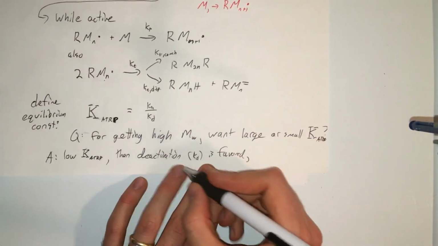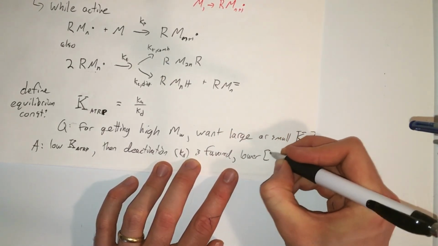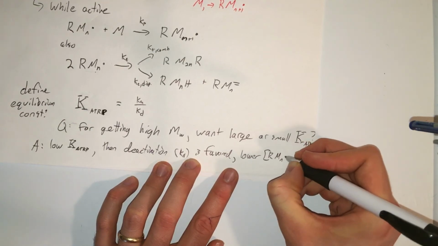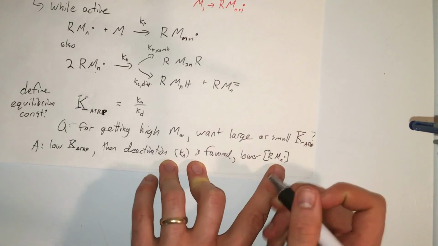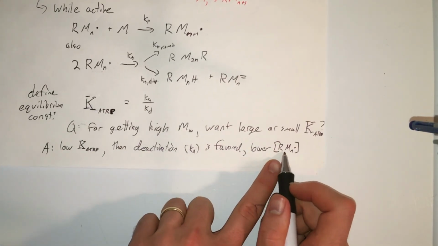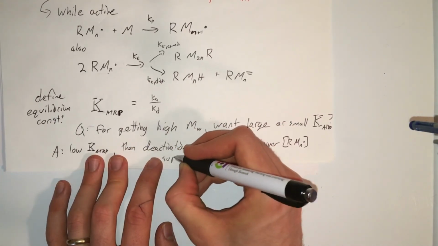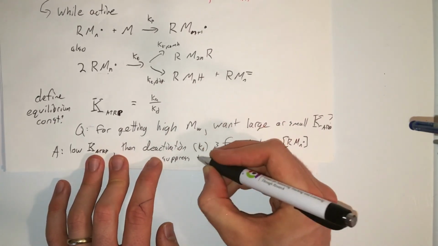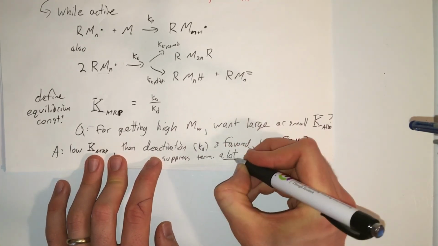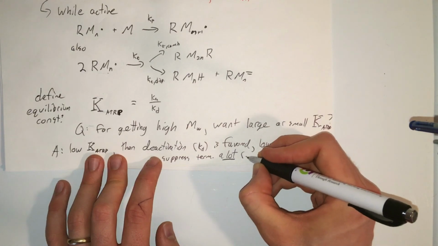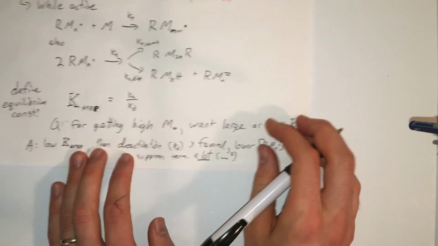So if the deactivation is favored, then we lower this concentration. And our whole goal of this process to increase molecular weight is to lower this concentration, because we suppress termination a lot. Remember, that was proportional to our concentration squared.